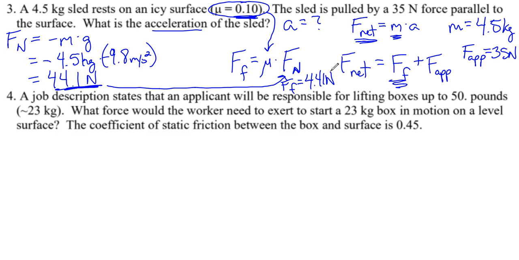The force of friction is 4.41 newtons, and remember, it's acting in the opposite direction of the applied force. The applied force is going in one direction, the force of friction is going in the other direction, so I need to make sure and do a negative. So negative 4.41 plus our applied force of 35 newtons gives us a net force of 30.59 newtons.